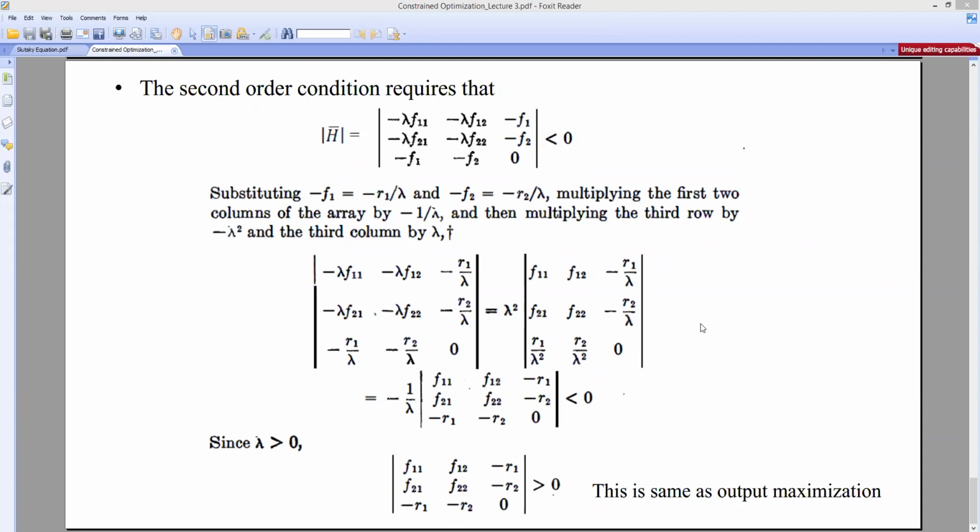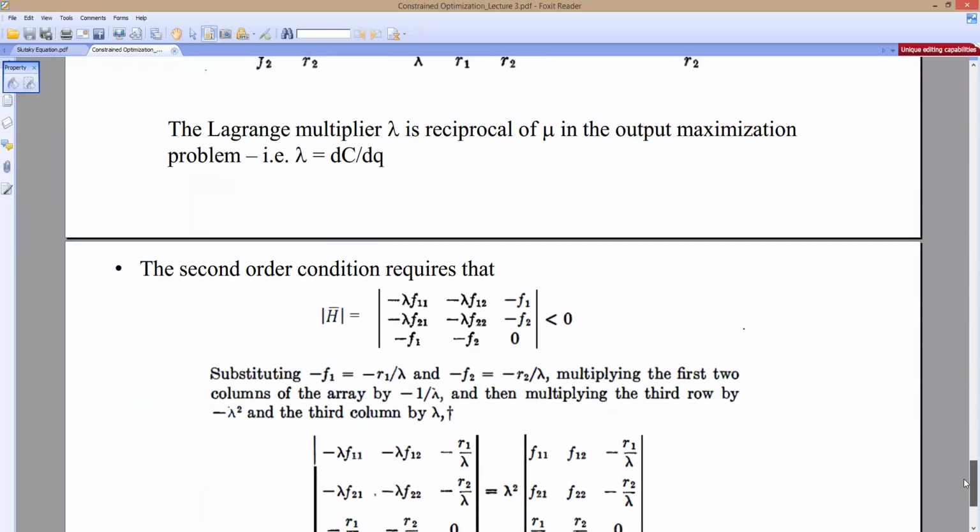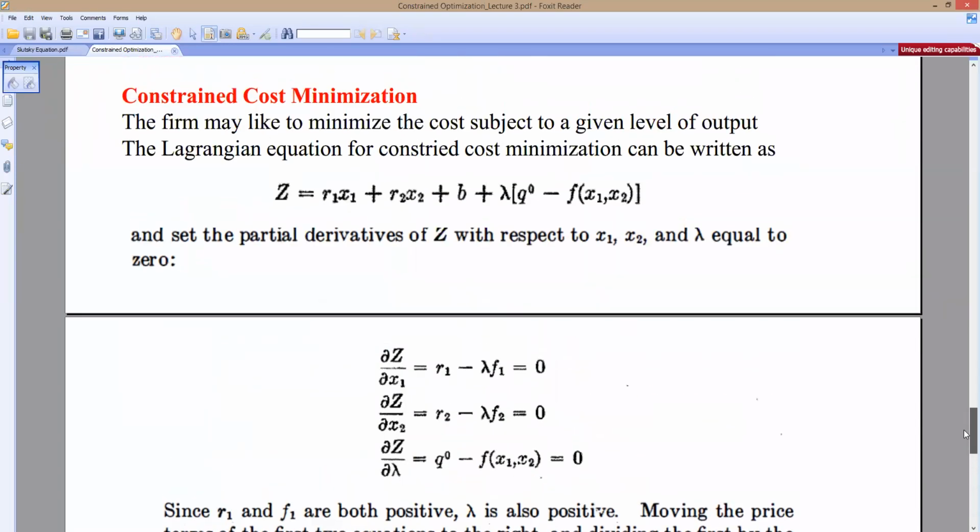Now, following this cost minimization procedure, when you get x1 star and x2 star and put these in the cost equation r1 x1 plus r2 x2 plus b, you get r1 x1 star plus r2 x2 star plus b. Actually, if it is a long run cost, then there will be no b at all.